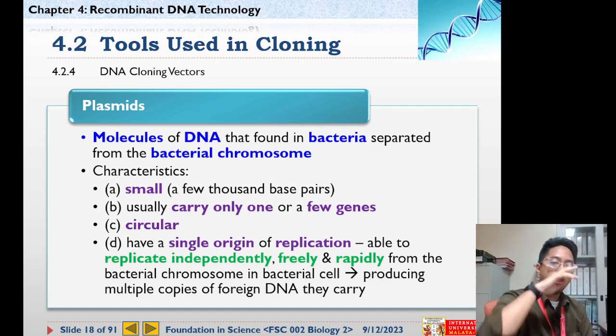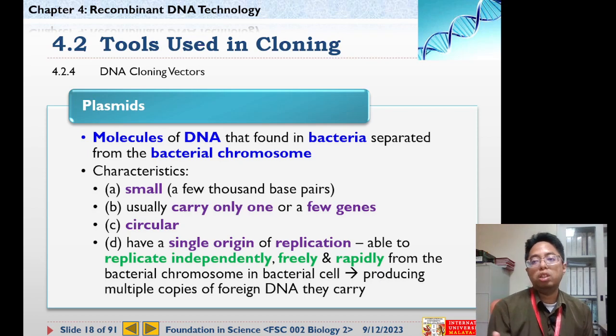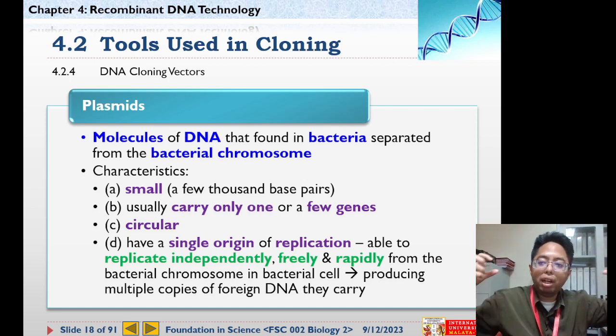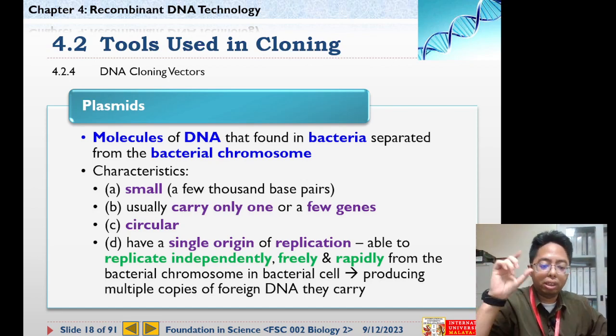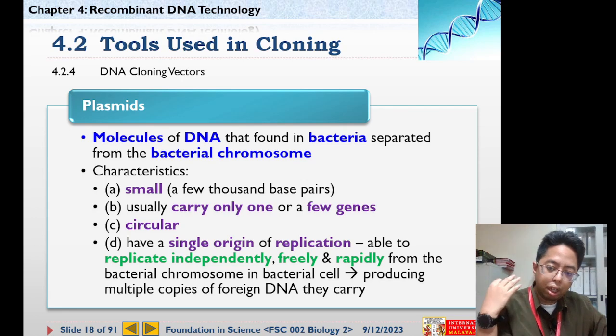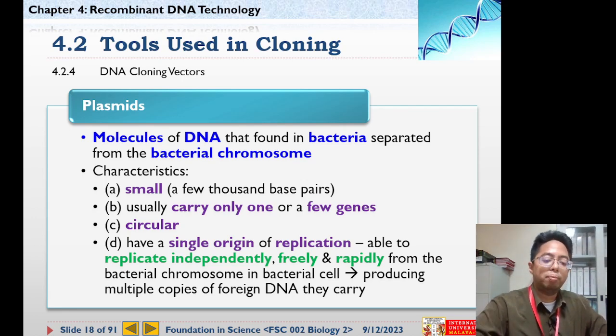Meaning that during the cell division of bacteria, they do binary fission. The ring-shaped plasmid does not divide with it. Okay, the chromosome will divide, but the plasmid will not divide. It will just stay like that. So they are independent. Okay.